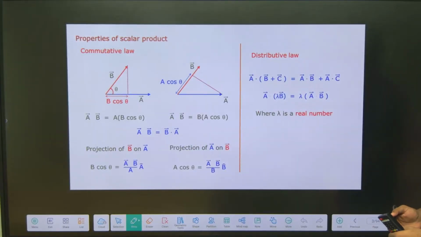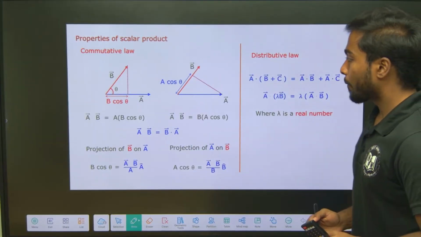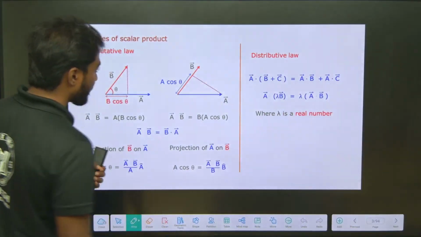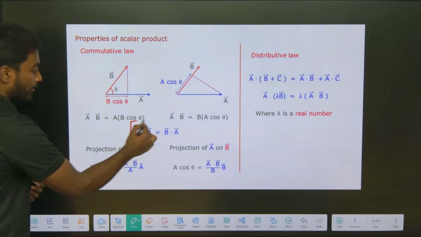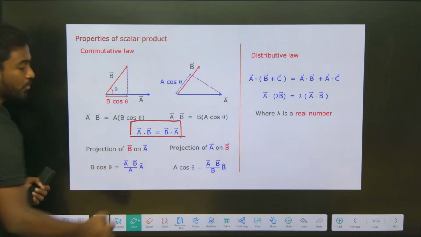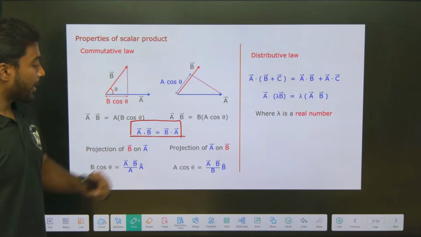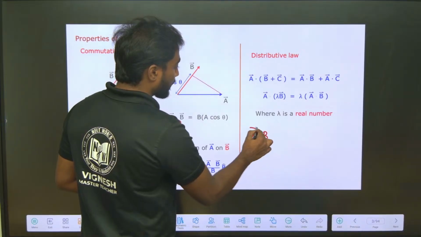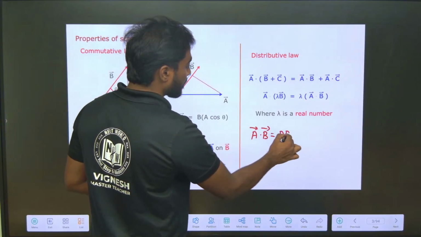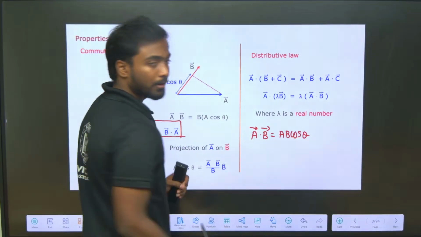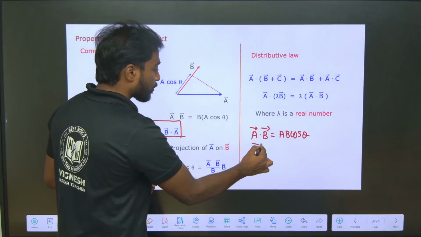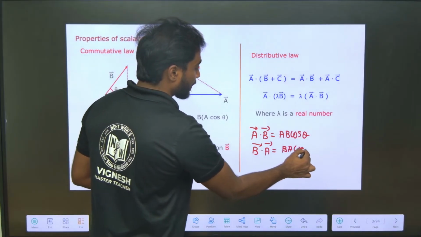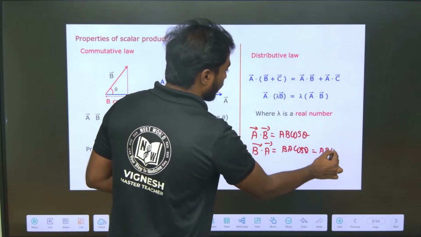Next, the properties of the scalar product. The first one is the commutative property. Let me explain. a vector dot b vector is equal to b vector dot a vector. a vector dot b vector equals ab cos theta, and b vector dot a vector also gives ba cos theta, which I can rearrange as ab cos theta.